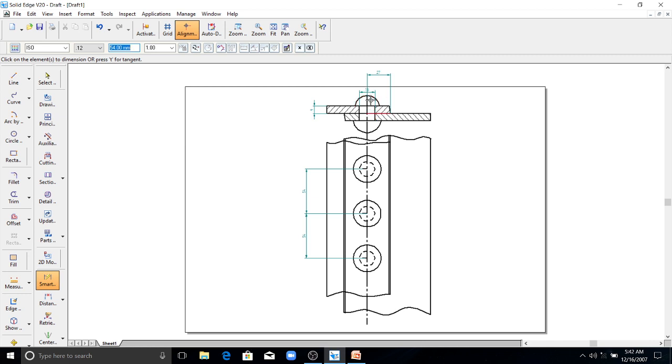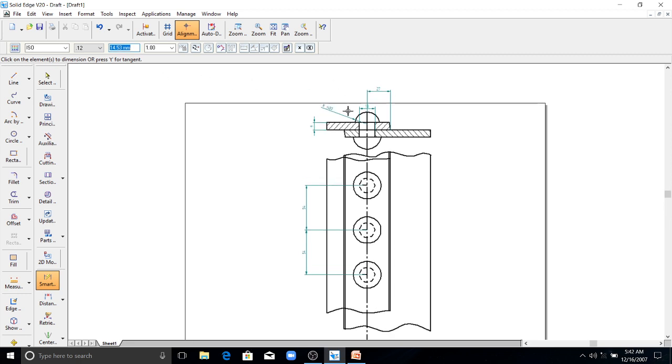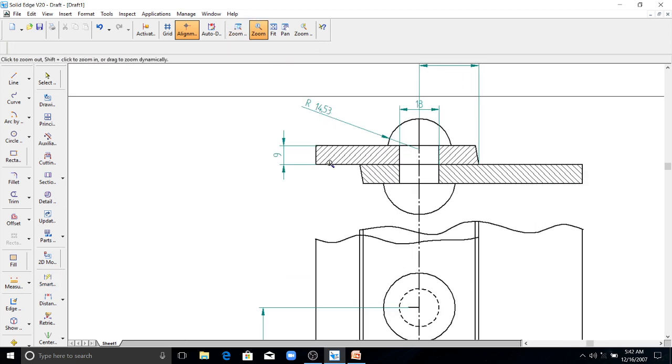The radius will be 0.8D and the diameter remains 1.6D. You can measure the radius here. This radius is 14.4 mm. In the problem you got it as 14.4.